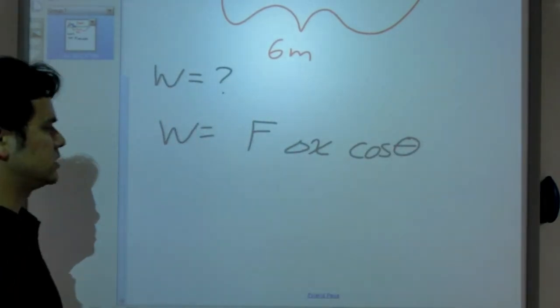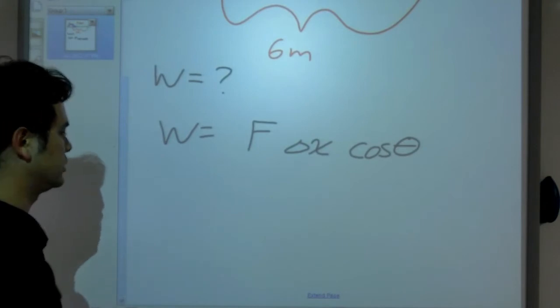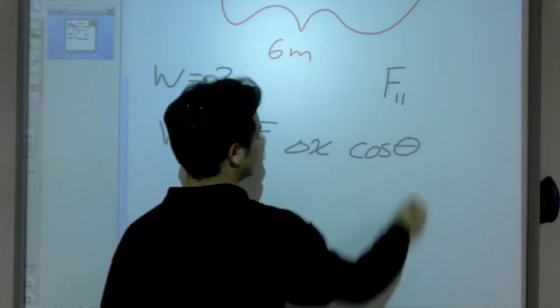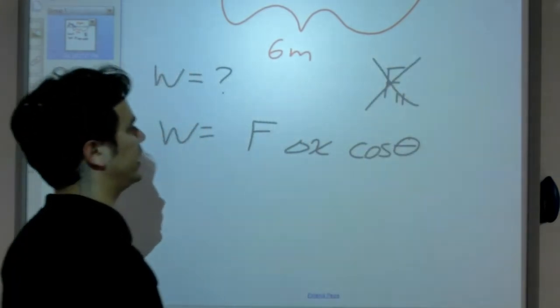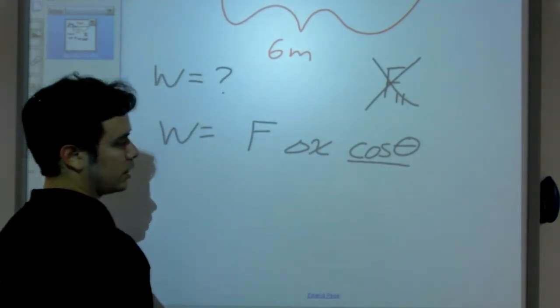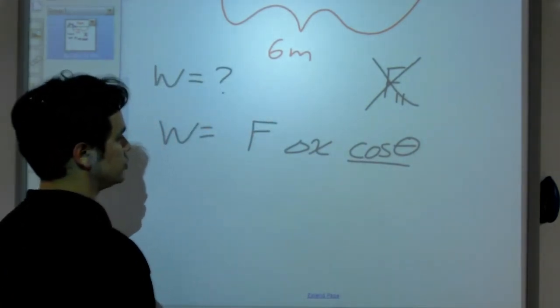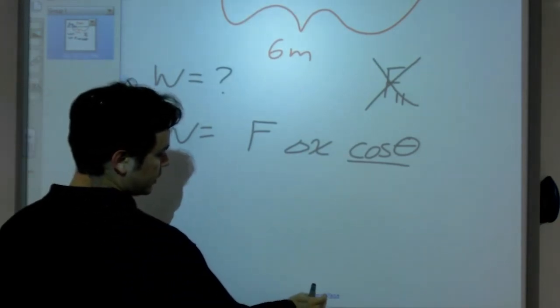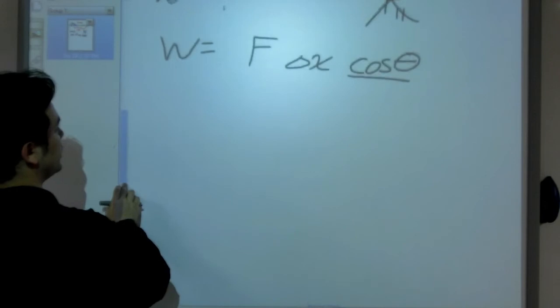Sometimes some books give you something crazy where it's force parallel or something like that. I'm not even going to begin to deal with that. It's easier to keep track of it just by using the cosine approach, and it gives you a much better understanding of what you're doing, I feel. Well, at least it better mimics the dot product that this originally comes from.